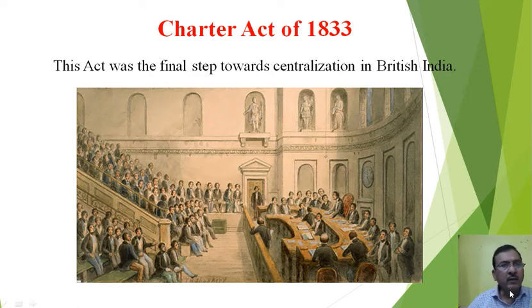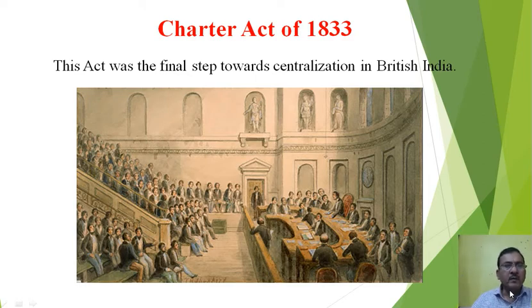As previously we have discussed, the British Parliament or the British government started making the laws, the rules, the acts in order to control the activities of the British East India Company and its political establishment of power in India.